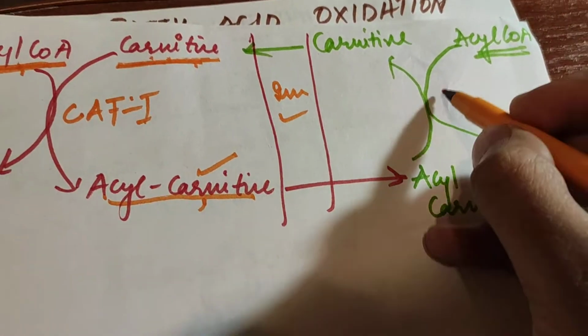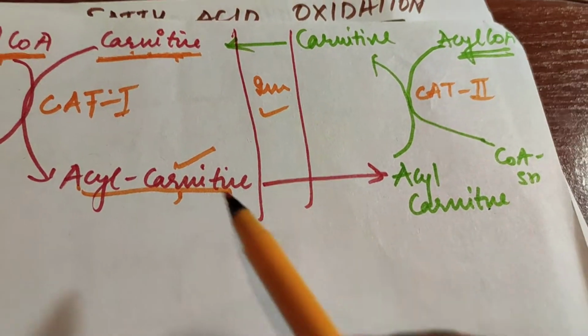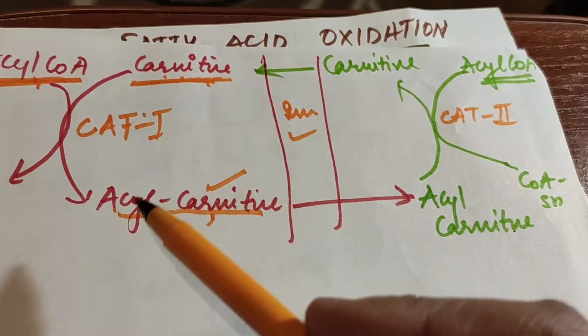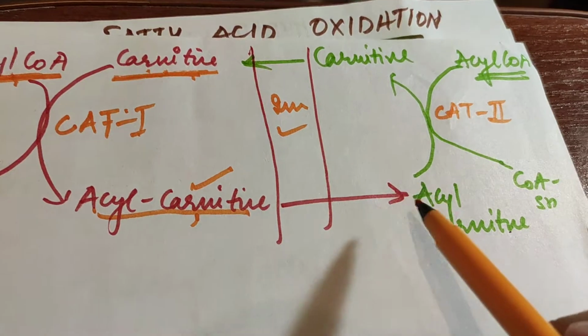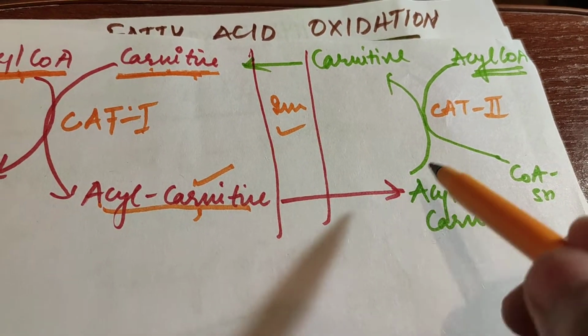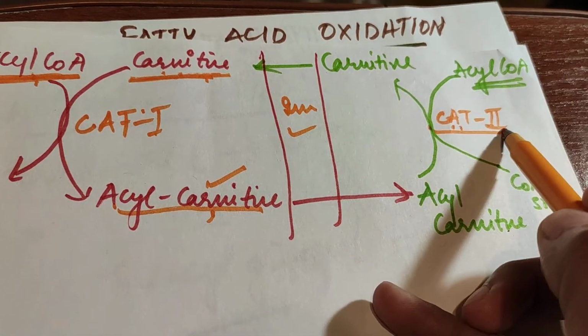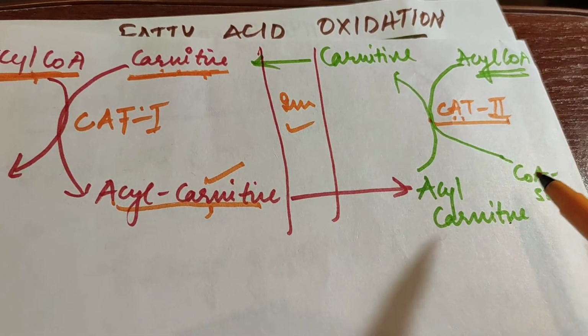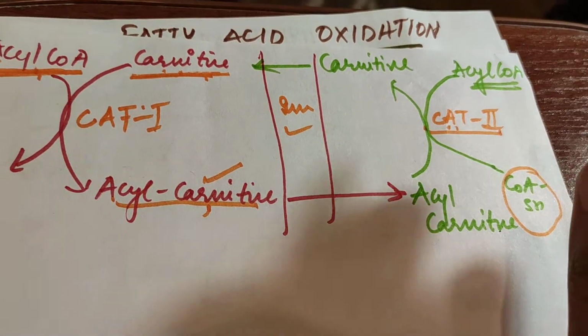And then what will happen? There is another friend of theirs, that is CAT2, because now the carnitine wants many of his friends to come inside, so carnitine wants to go outside again. So this acyl carnitine will get converted to carnitine through CAT2, also carnitine acyl transferase 2. It will get converted to carnitine, and inside there is coenzyme A present already.